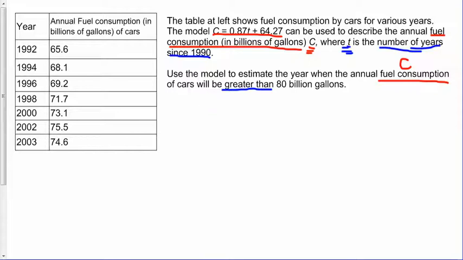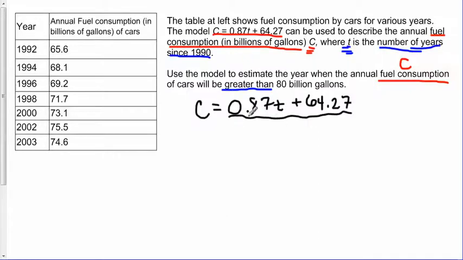The equation that we're given is C equals 0.87T plus 64.27. So that's the equation we were given. But now we want to figure out when this consumption is going to be greater than 80 billion gallons. How do we figure out the fuel consumption? We use this expression here, right?